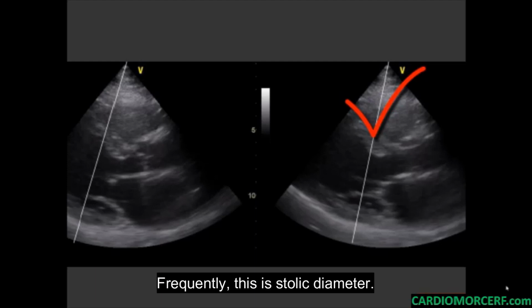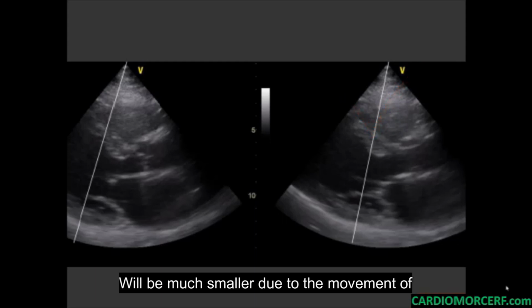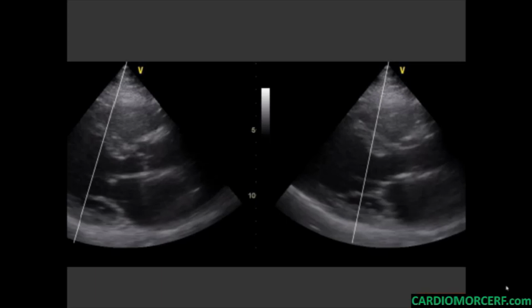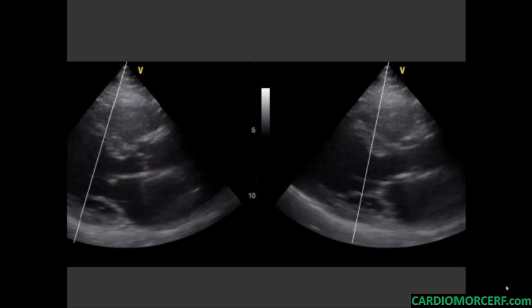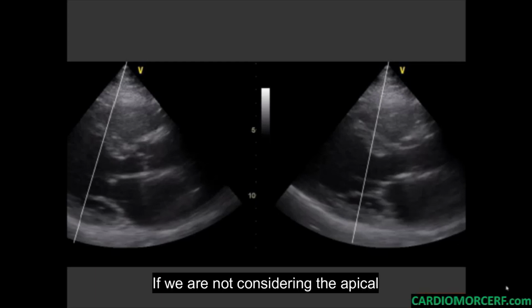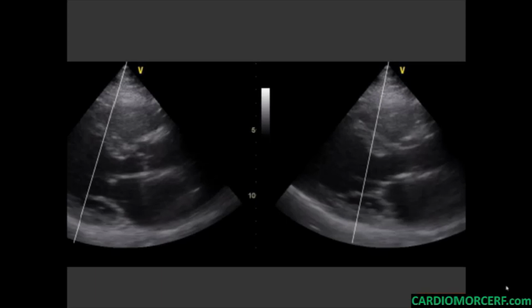Frequently, the systolic diameter will be much smaller due to the movement of the heart, and the cursor may be now at the base. If you have a sigmoid or angled IV septum, we may have a false impression that systolic diameter reduced significantly. If we are not considering the apical movement of the heart, the systolic motion toward the center of the cavity would be much less.